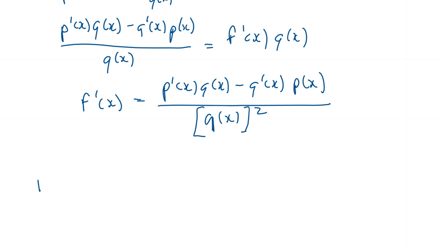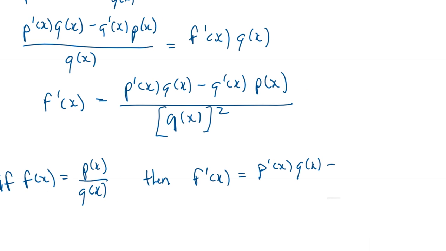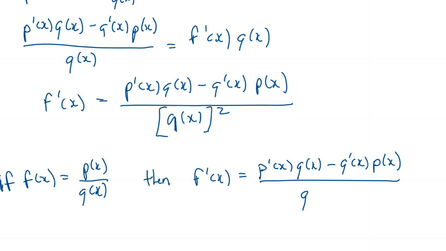Okay, so if f at x equals p at x over q at x, then f prime equals, this is how we sort of think of it or say it or start to memorize it, the derivative of the top times the bottom minus the derivative of the bottom times the top all over the bottom squared.